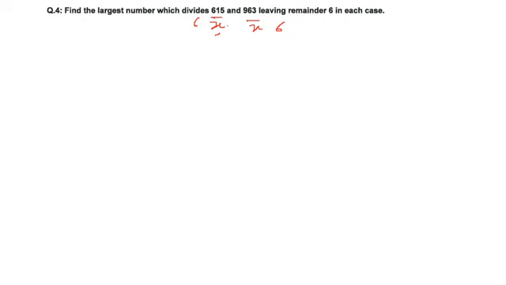There is one more theory here, that if I subtract 6 from 615, this x is going to divide it fully. If I subtract 6 from 963, I will get a proper 0 when I divide 963 minus 6 by x. Exactly this is what we are going to do here.